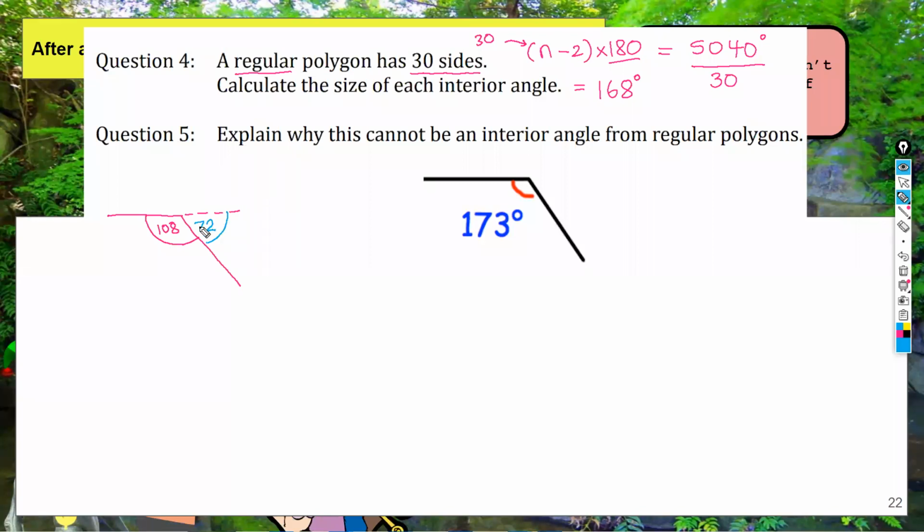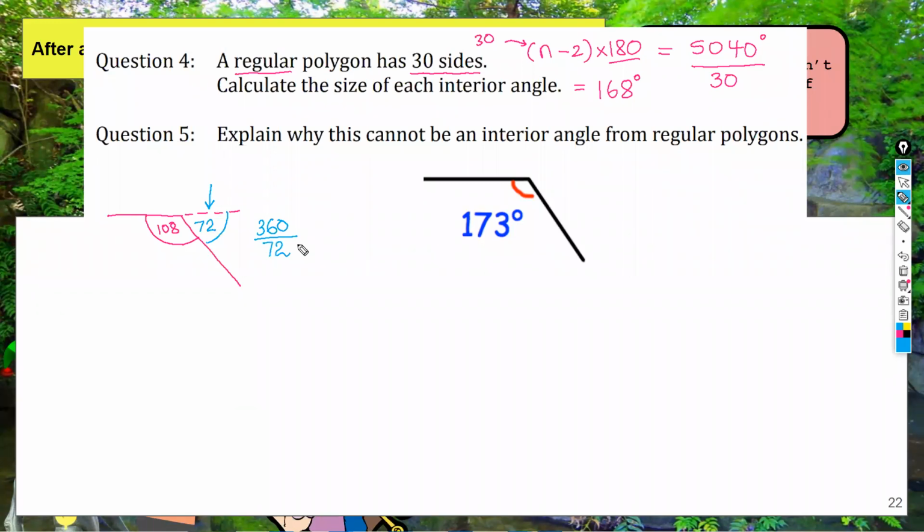Now, we know this is a pentagon, and a pentagon has 5 sides. But let's say somebody didn't know that. How would they figure out how many sides the shape has? Once it's a regular shape, you take 360 and always divide it by the value of the exterior angle.